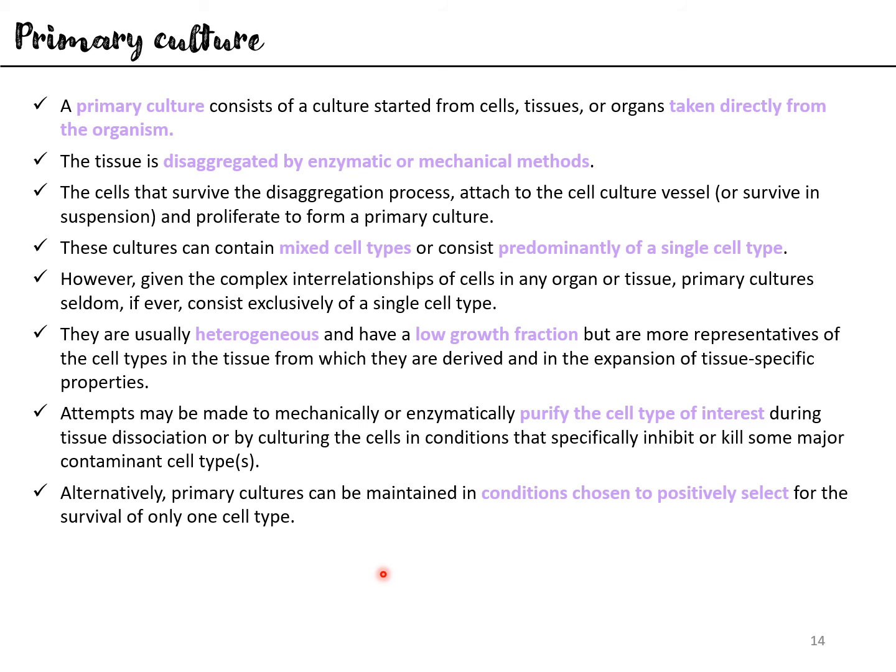Alternatively, primary cultures can be maintained in conditions chosen to positively select for the survival of only one cell type. So you then either go around trying to eliminate the other undesired cell types either mechanically or by imposing certain conditions that are detrimental to them, or you can go about it in a positive manner where you're not really trying to kill the cells that are undesired, but rather you provide conditions in which only your cells of interest will survive.